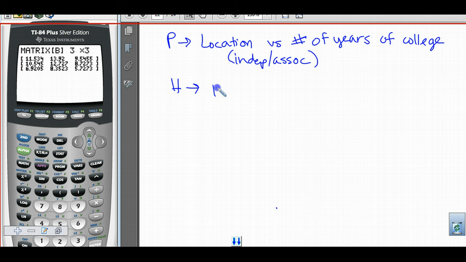My hypotheses, my null, is going to be saying independence.